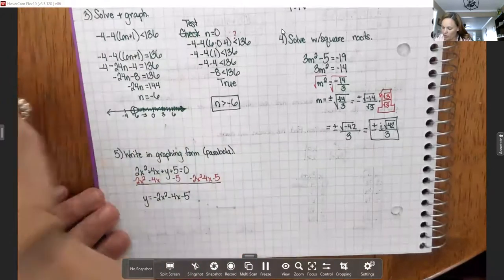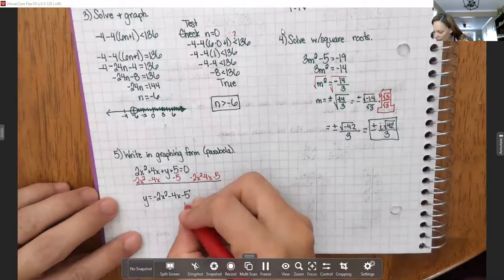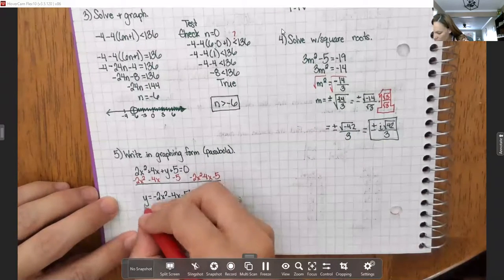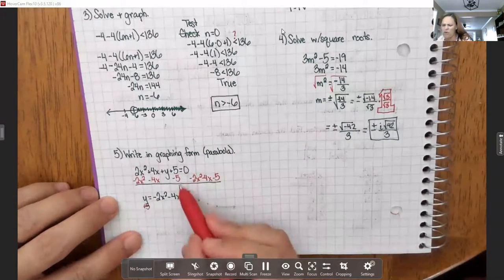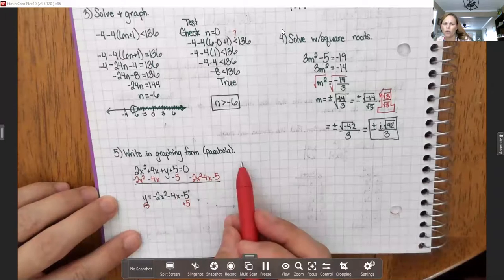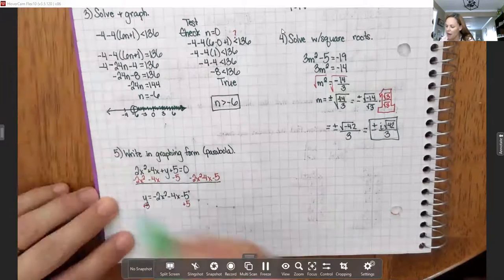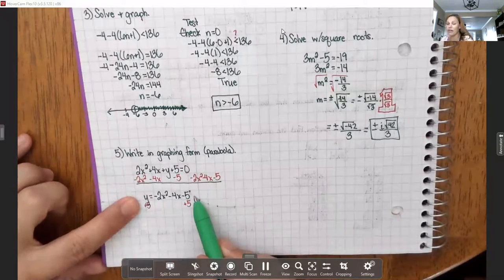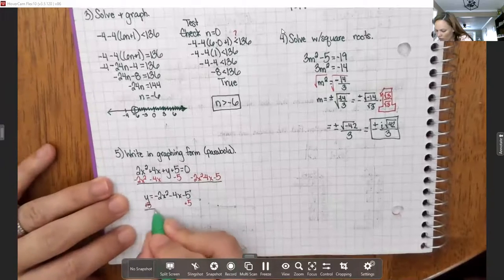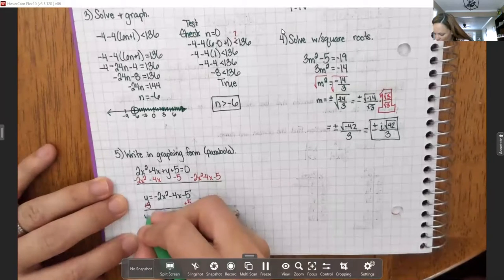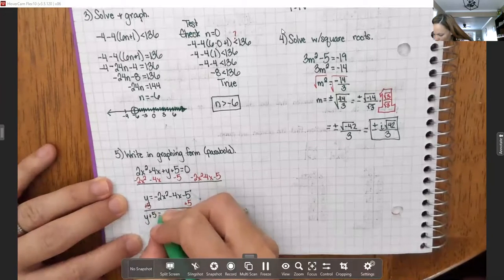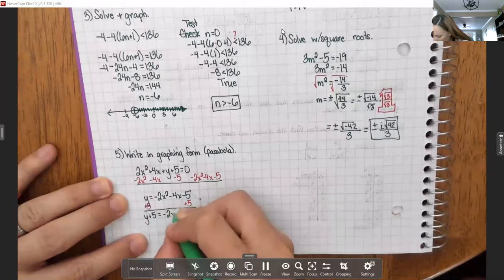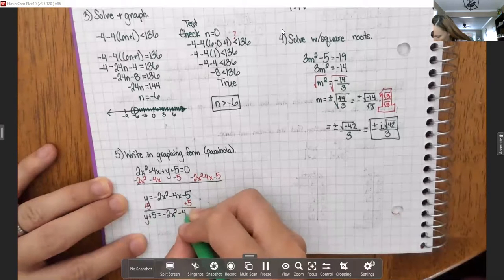So I'm going to move the 5 back to the other side. Personally, some people don't move it in the first place. You like your x's on one side and everything else on the other side. I like to see what the equation looks like first, but if you don't feel the need to do that, that's fine. So we have y plus 5 equals -2x squared minus 4x.